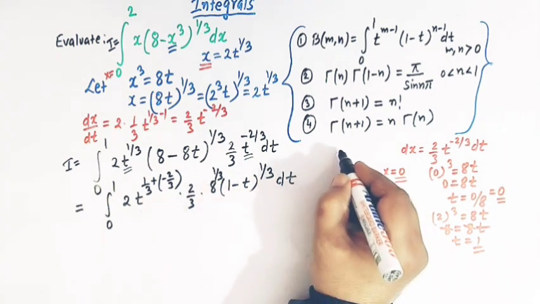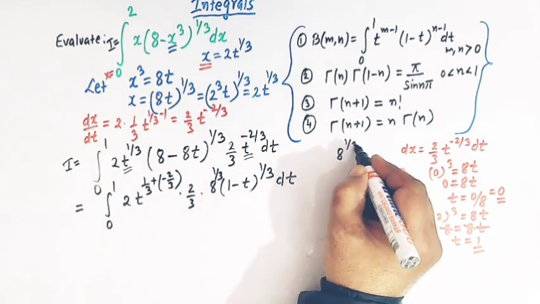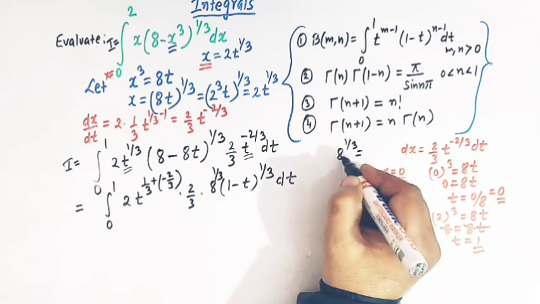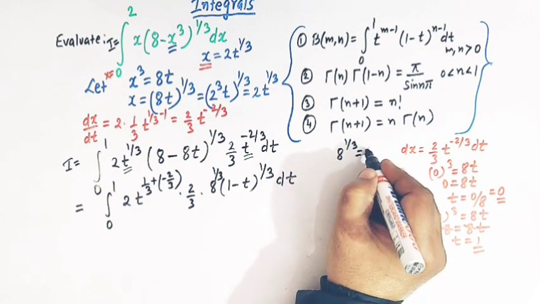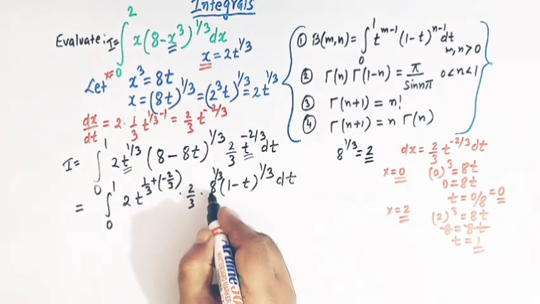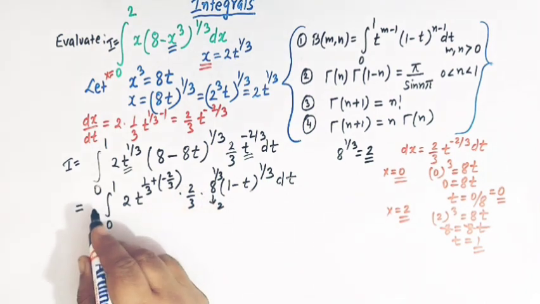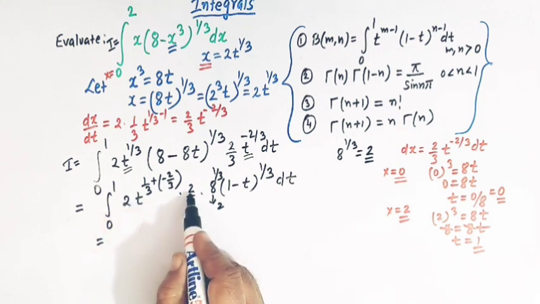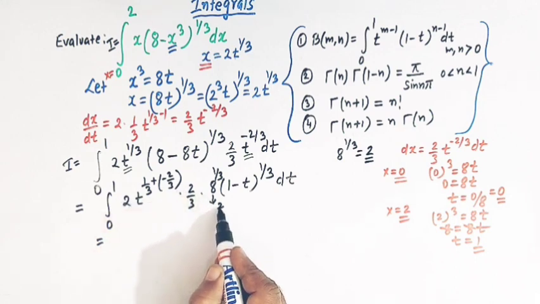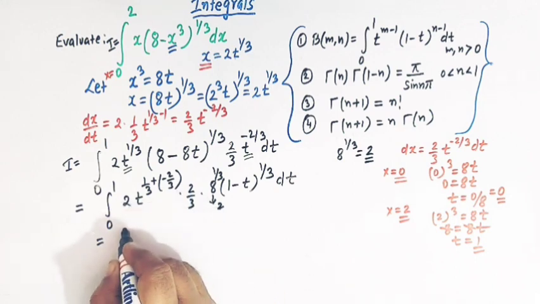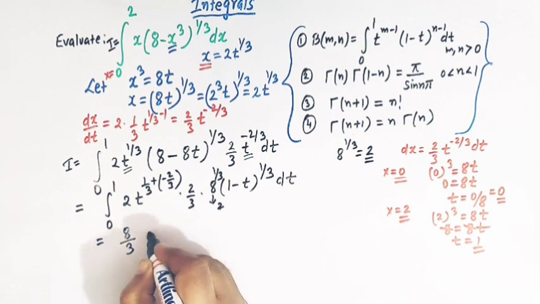Now 8 raised to 1 over 3 is the cube root of 8, which is 2, right? So here we have 2. So now we can write this integral as 2 times 2 times 2 is 8, 8 over 3. 8 over 3 can be taken outside the integral.